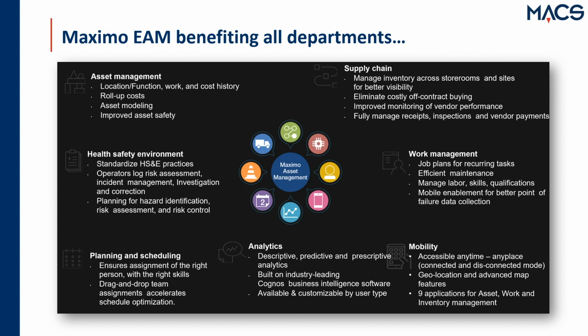You have every process actually that Maximo is delivering and is having functionalities where you can work with around asset management, health, safety, environment, planning, mobility, work management, supply chain. So this is just a short summary of what there is in IBM Maximo on that point.